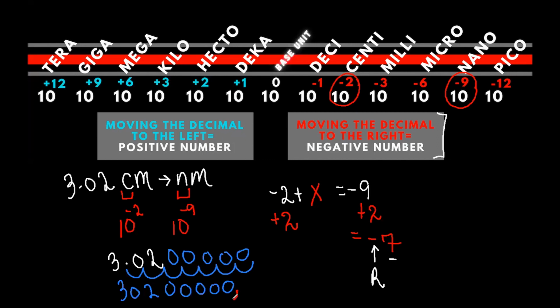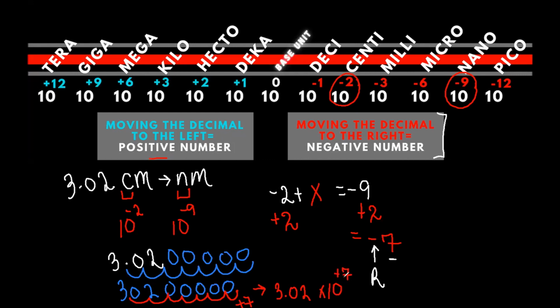So here we have 1, 2, 3, 4, 5, 6, 7. So I just moved this decimal 7 times, and I moved it to the left, which means positive. So I have positive 7 as my exponent. My final answer then will be 3.02 times 10 to the positive 7.